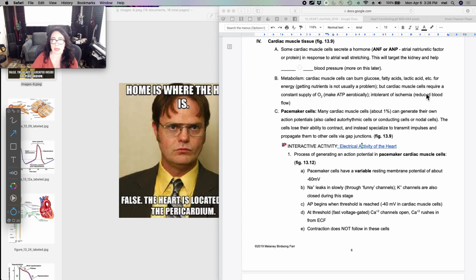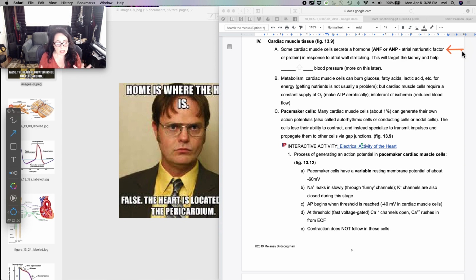ANP or ANF stands for atrial natriuretic factor, or peptide, or protein. So atrial implies where it's coming from. Natriuretic is telling you the target. And then, of course, peptide or protein tells you the chemical class.